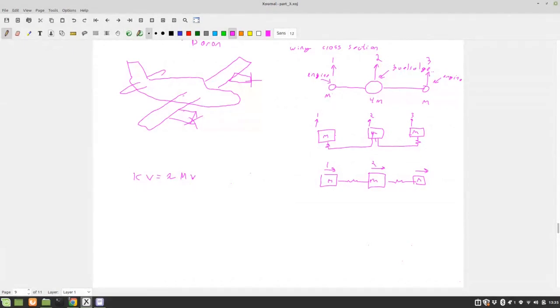So if we build the stiffness of these springs as a function of the stiffness of the cantilever beam, right? So that's K equals 3EI over L. Does everyone agree with that?